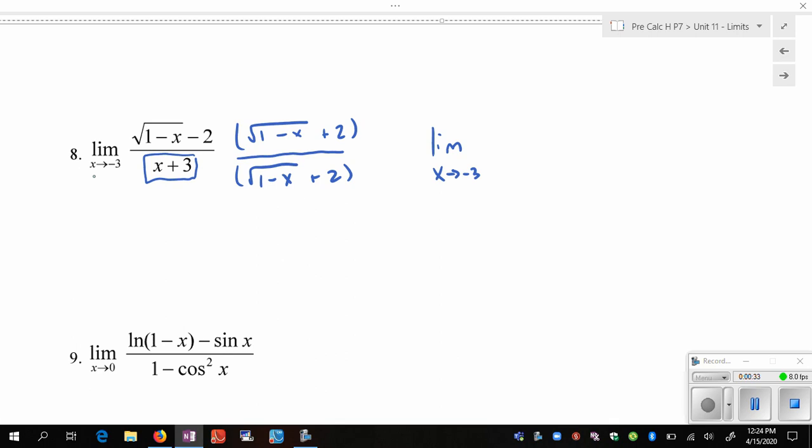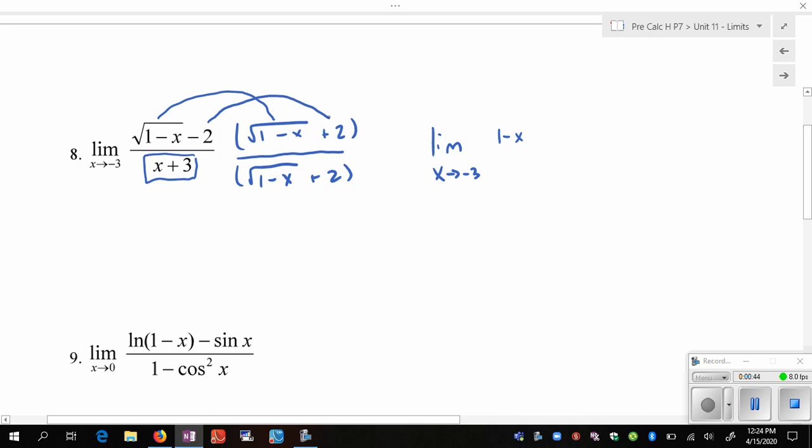these algebraic ones. So if I go ahead and multiply through by the conjugate up top, I have 1 minus x. Outers and inners are going to cancel, so then I really have to worry about the -2 times 2, which is -4. And then in the bottom, since I said that x plus 3 is going to cancel, I'm going to leave that as a factor and the conjugate as the other.